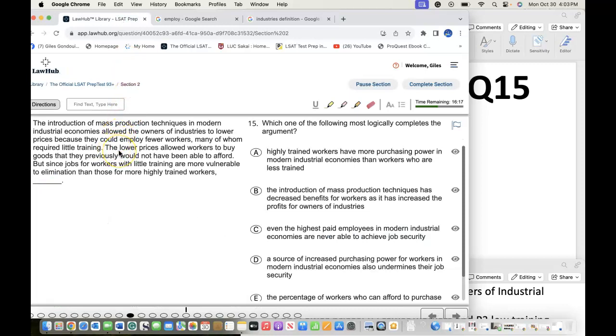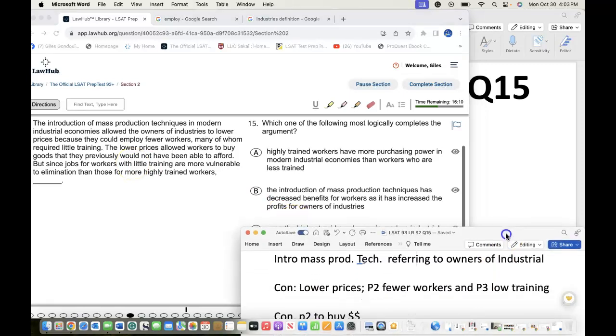The lower prices allowed workers to buy goods that previously they would not have been able to afford. So for that premise, we're going to go ahead and go to the next sentence. But since jobs for workers with little training are more vulnerable to elimination than those for more highly trained workers.